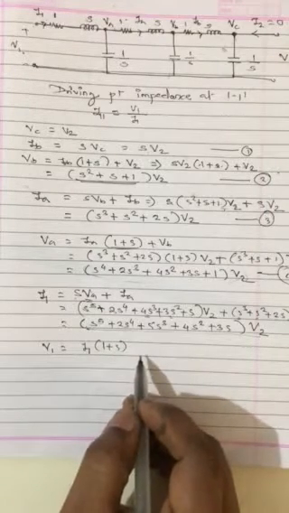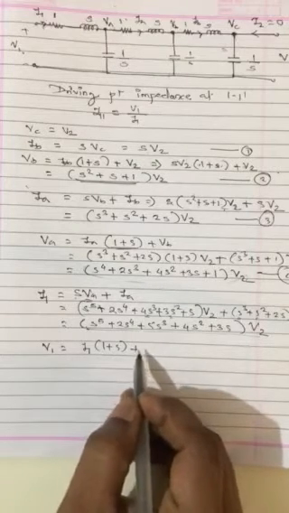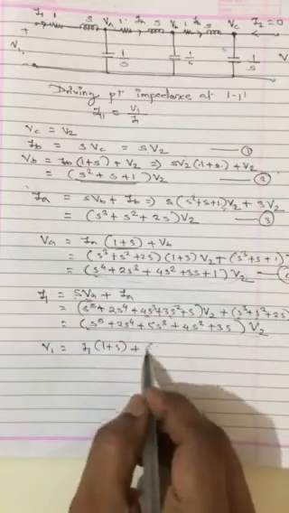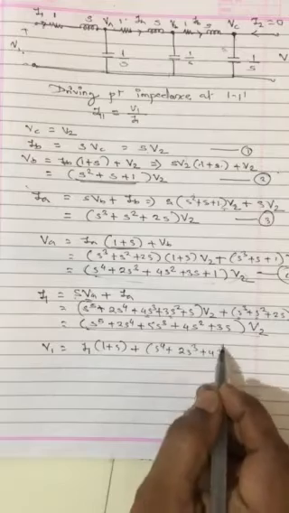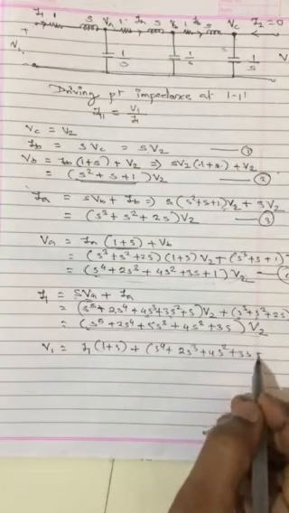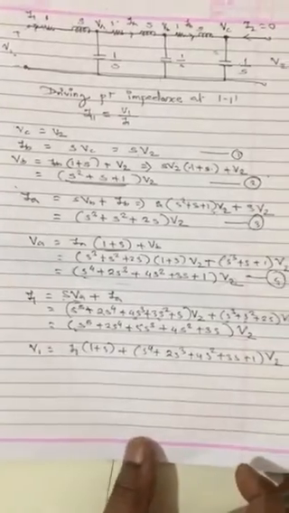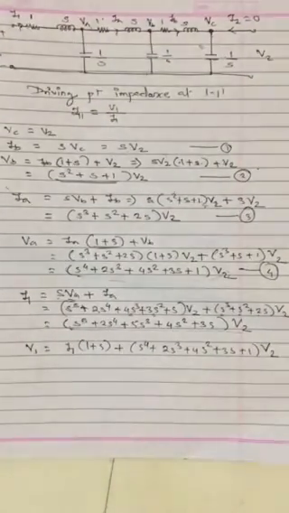This term will be very lengthy. I1 multiplied by (1 plus s) plus VA, right? VA we have also calculated, so it is (s raised to 4 plus 2s cube plus 4s square plus 3s plus 1) V2. So as I said, though these equations look very lengthy, actually it is not complicated. It is very easy. Okay.